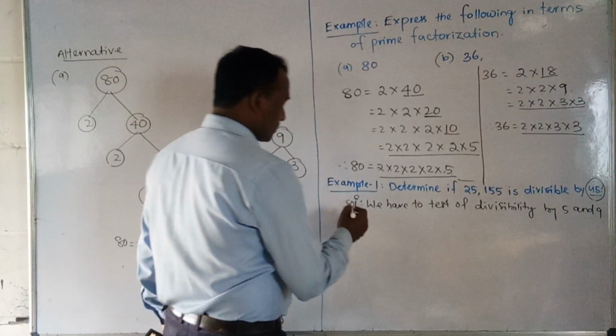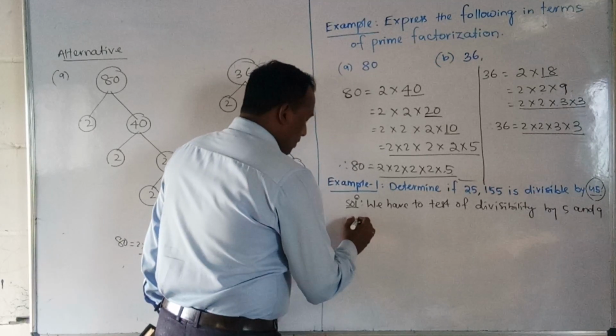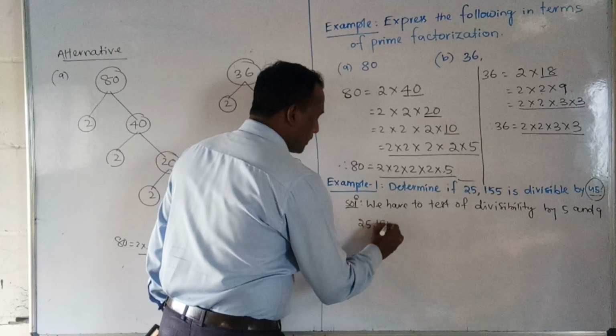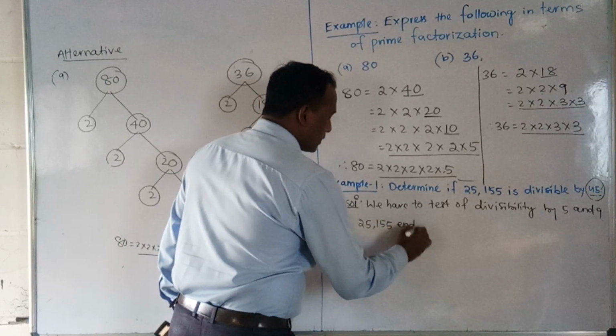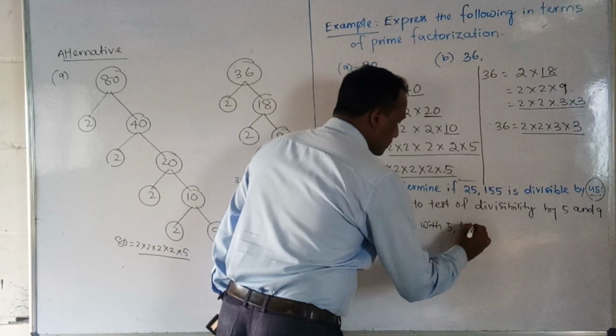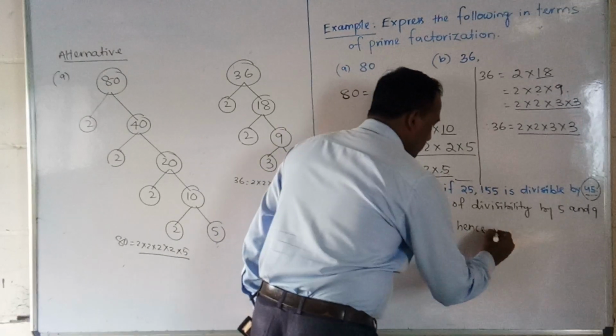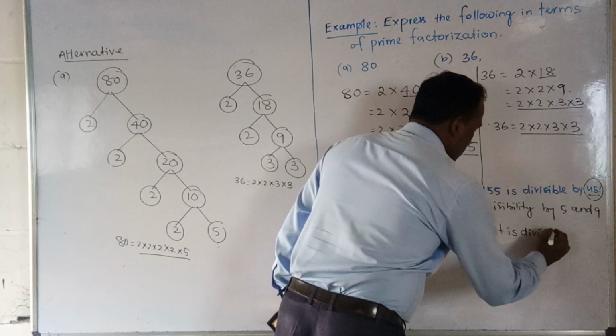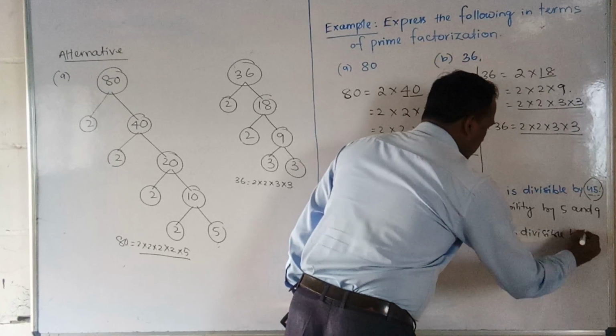So first of all, we have to check 5. 25,155 ends with the 5. Hence it is divisible by 5.